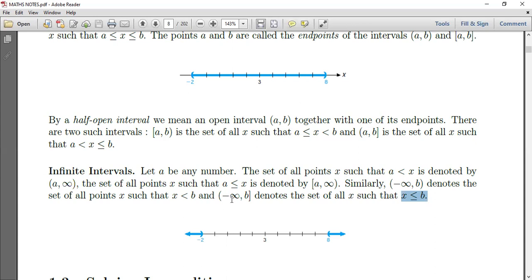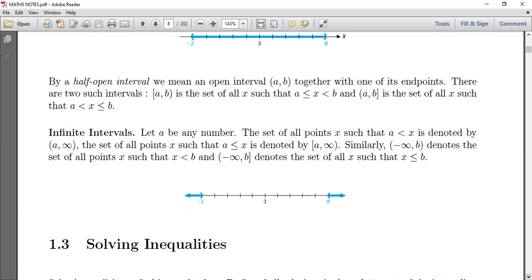So where there is infinity here, we always put a round bracket, showing that infinity is not a number. Geometrically, we are talking of -2 going there, 8 going there. How can you write that?